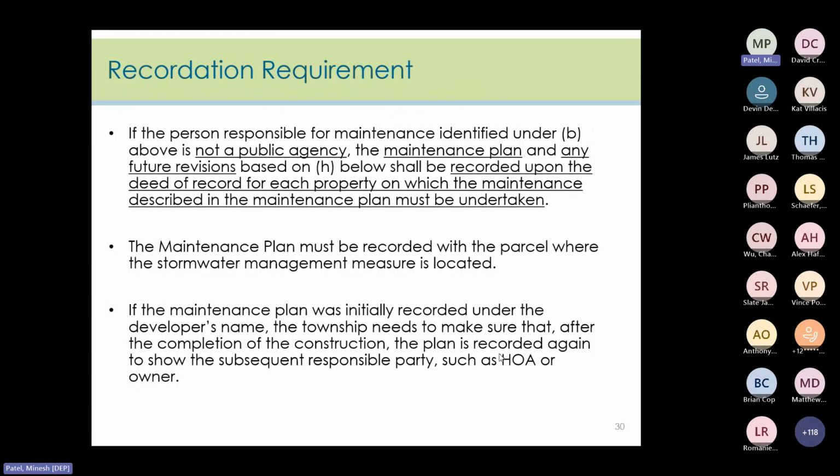The maintenance plan must be recorded with the parcel where the stormwater management measure is located. Any change in the responsible party information due, for example, to a change in property ownership must also be recorded on the deed. The information must also be updated after project construction is completed.